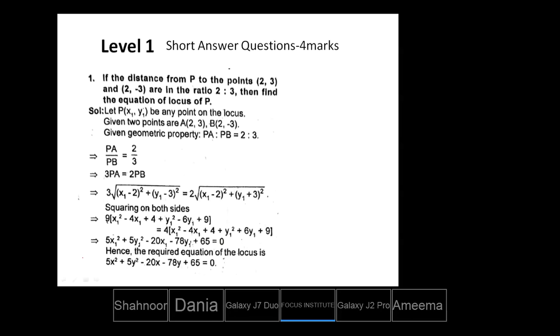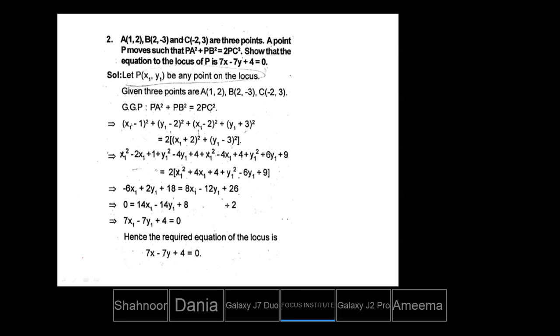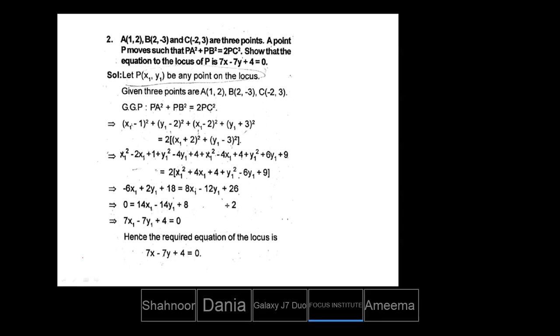Now we'll go for the next question. If A is equal to 1 comma 2, B is equal to 2 comma minus 3, and C is equal to minus 2 comma 3, a point P moves such that PA square plus PB square is equal to 2PC square.